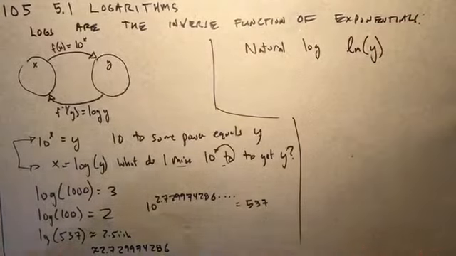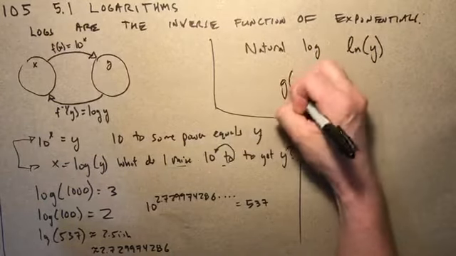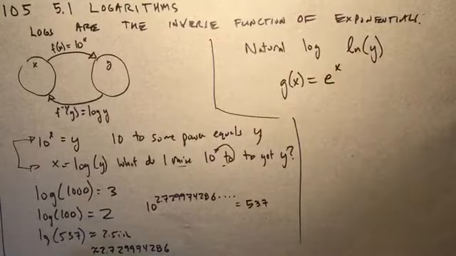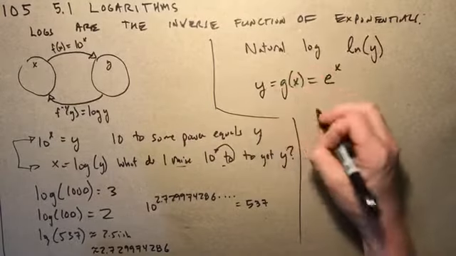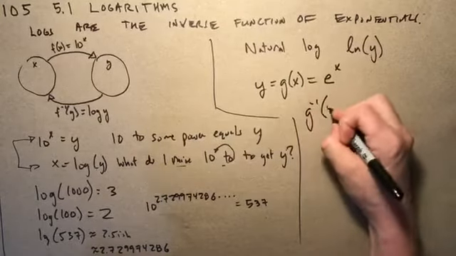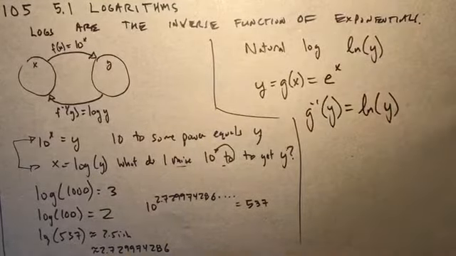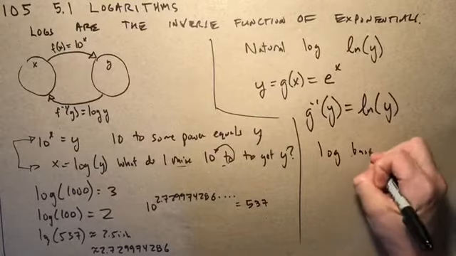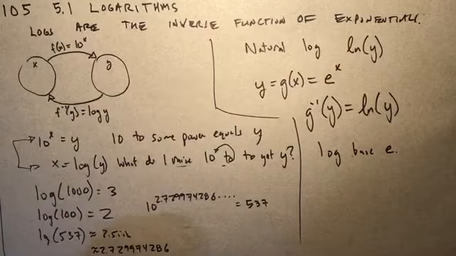The reason I'm using y is because I really want us to focus on this inverse function idea: if g of x is equal to e to the x, that's Euler's number that we just talked about in section 4.5, then g inverse of y is equal to the natural log of y. We could also call this log base e. But it's the exact same idea. All we have is this inverse function of an exponential.